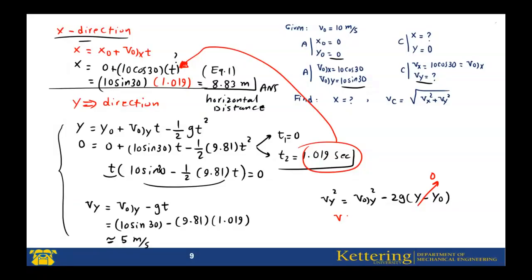From this, we can find that Vy is equal to V0y in magnitude. The direction is downward. This is the reason I asked you, do you know how much is the velocity along the y direction when it hits the ground?